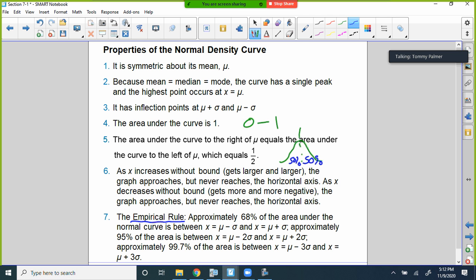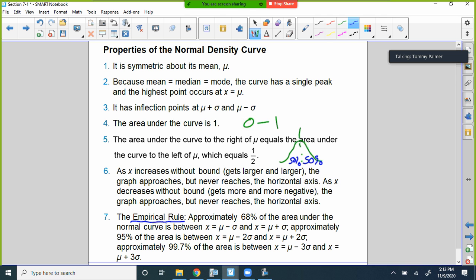We say approximately 68% of the area under the normal curve is between +1 and -1 standard deviation from the mean. 95% of the area is between +2 and -2 standard deviations from the mean, and then 99.7% of the area is between +3 and -3 standard deviations from the mean.